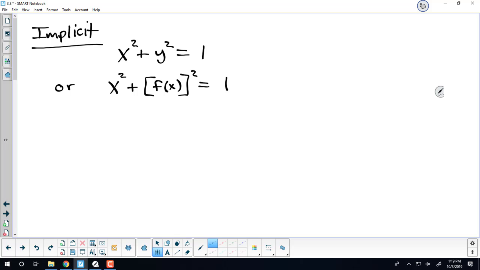But we're going to pretend that we don't know what that is, because this is our general approach to these types of problems. So y is f of x, we'll just replace it that way. Then we just take the derivative of the equation as it is with respect to x.